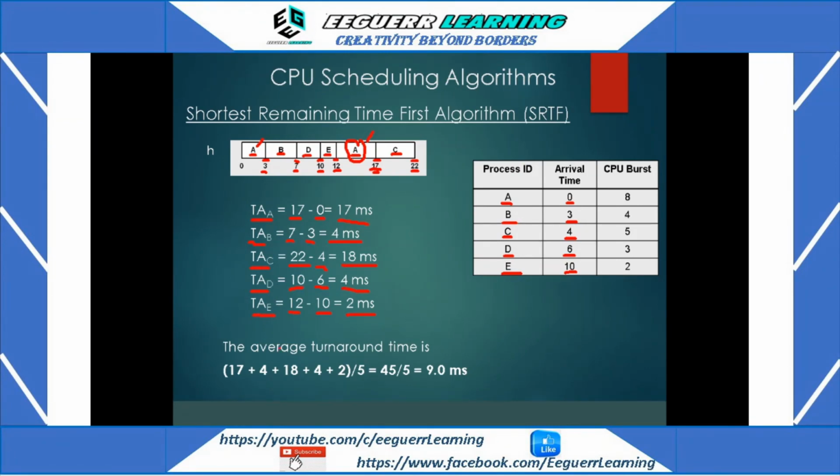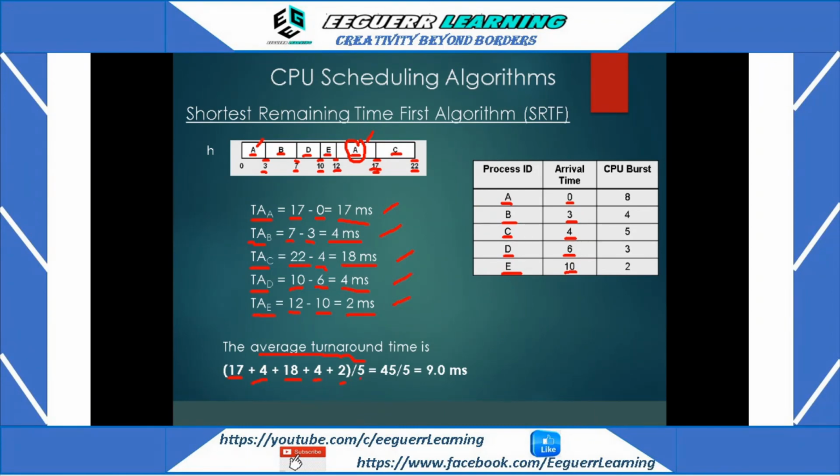Okay, we can now solve for the average turnaround time of all the processes in our table. We get 17, place it here. We add 4, we add 18, we add 4, and last, we add 2.